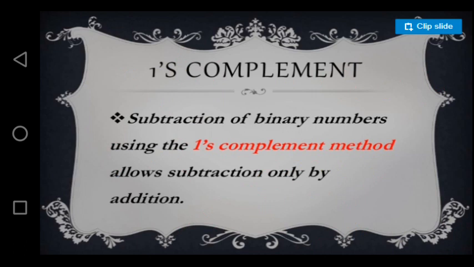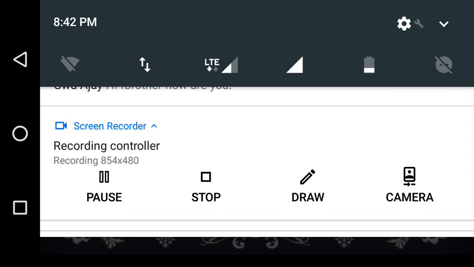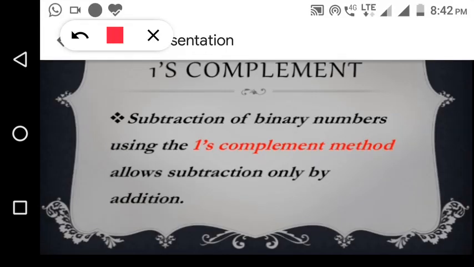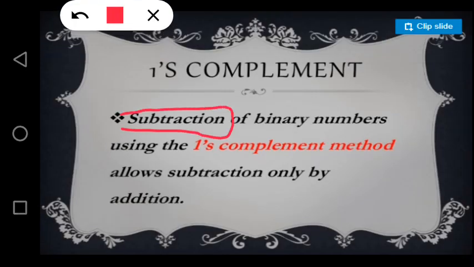Now, 1's complement, subtraction of binary numbers. This complement concept comes when I have to do subtraction. See, for doing addition, I need not have 1's complement. Basically, you should understand that 1's complement or 2's complement representations are used to represent a negative number.